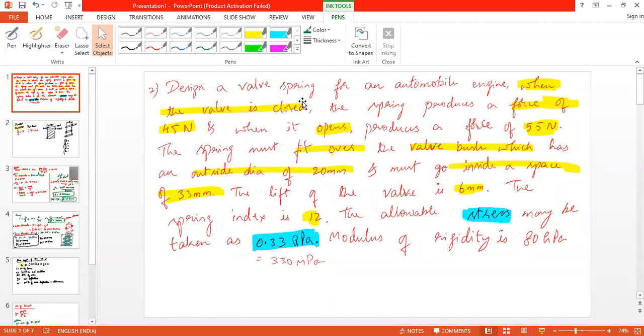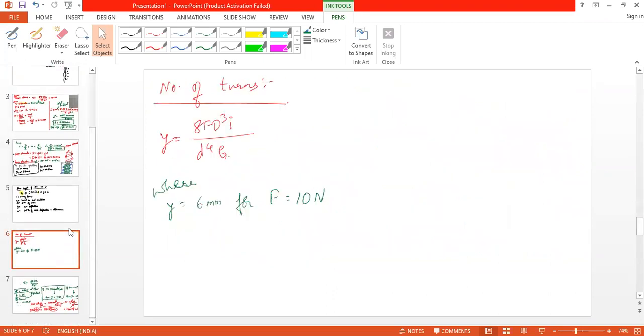So 6 mm lift will happen for a range of force which is equal to 10 Newton. Is it clear?